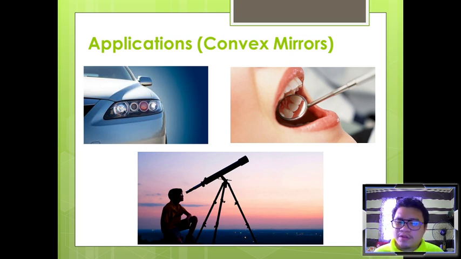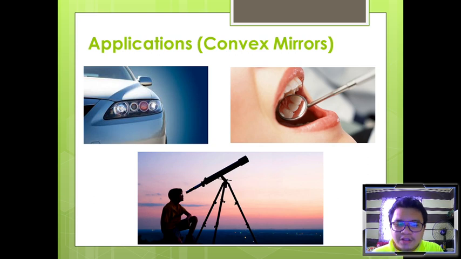So to avoid these problems, most astronomical telescopes nowadays are reflecting telescopes, because they answer the problem of chromatic aberration in lenses. In fact, the biggest telescope, the Hubble Space Telescope, is made up of reflecting mirrors, which are concave ones. Those are the practical applications of mirrors.